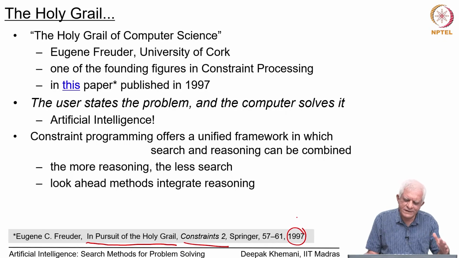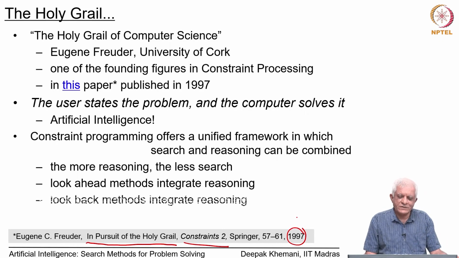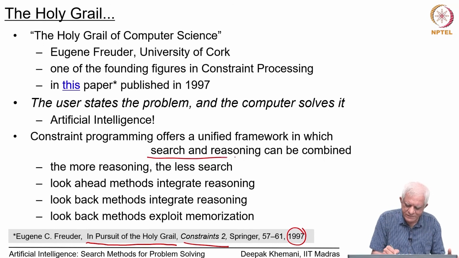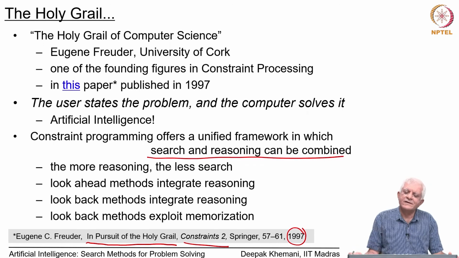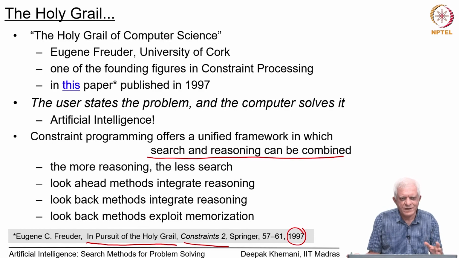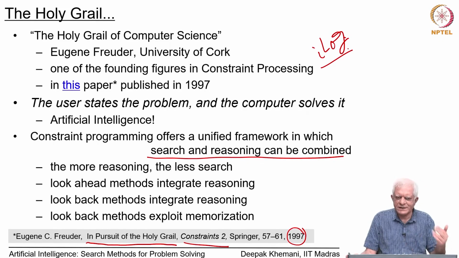And what we have seen in this last week is that constraint programming offers a framework in which search and reasoning can be combined, and this is what is the most appealing feature of constraint satisfaction, constraint processing. Apart from the fact that it gives us a unified framework for posing problems and solving them, there are companies which will give you solvers. So, for example, there is a company called iLog in France, which you can get a solver from them, but there are also open source solvers available elsewhere.